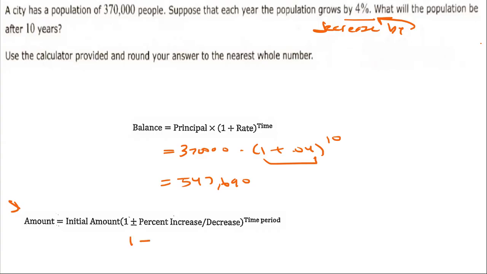So there'll be 1 minus 0.04, because it had decreased by 4%, right? And everything would be the same. Okay, so that's what I mean by that. If it had mentioned decrease or depreciating in value or something like that.